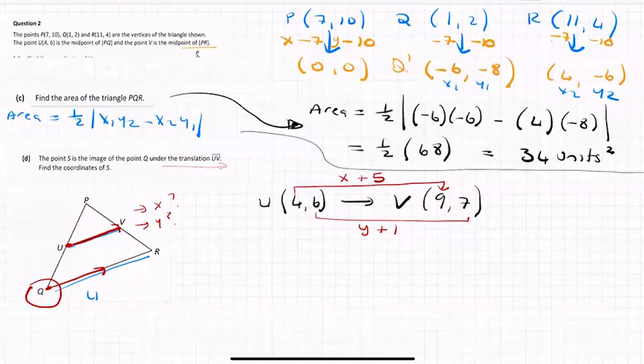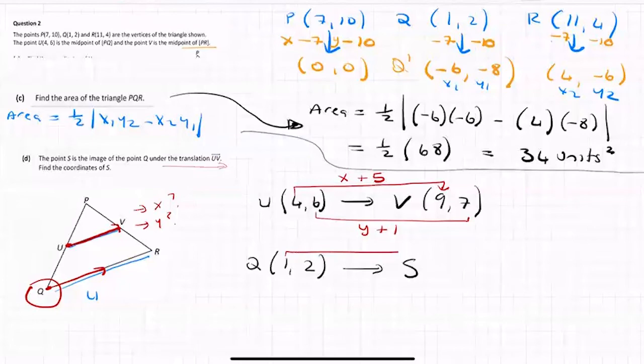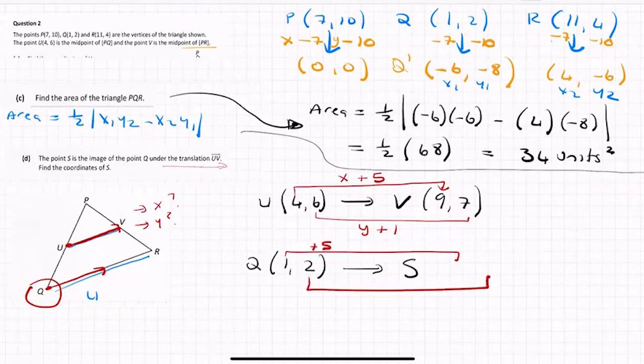And then S is the image of the point Q when it has moved by the same amounts. So start with Q then, which was, Q is 1, 2. And what it's saying is apply the same translation to get the point S. So in other words, move by +5 in the X direction, move by +1 in the Y direction, and tell me where you end up.